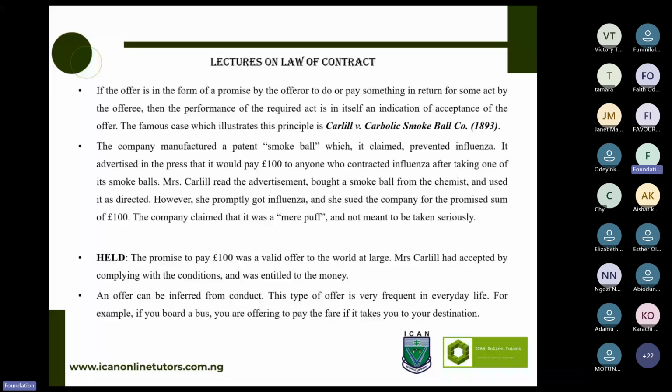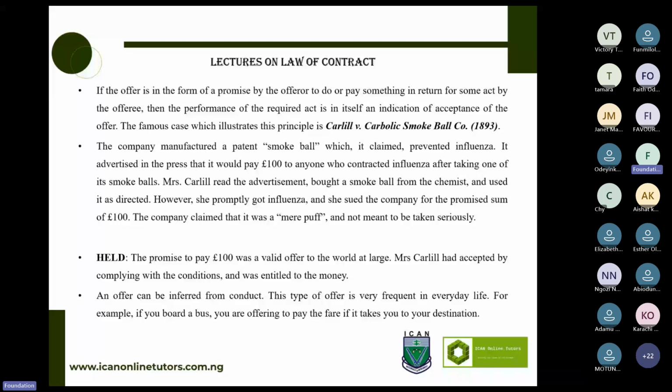So that's why I say you cannot start with that and conclude it the way you have concluded. Some examiners don't have joy. Once your opening is wrong, they'll just assume everything will be wrong. Mere puff simply means what? Invitation to trade. It's not a contract. It's not an offer.